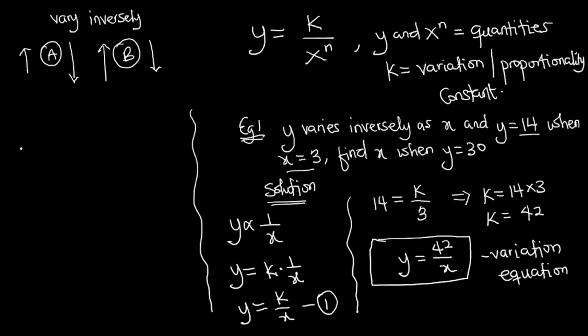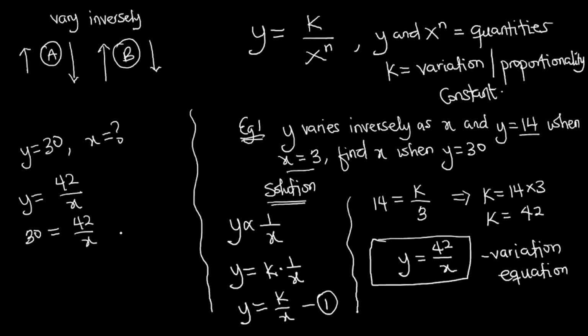Now, when y is equal to 30, we do not know our x, but we know that the variation equation is y is equal to 42 on x. This means let's do the substitution. Wherever we find y, let's substitute the value 30.